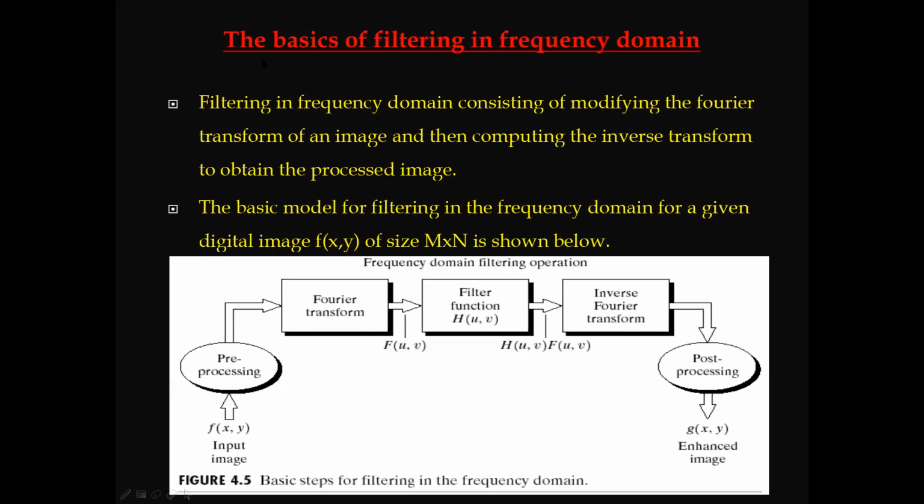We'll get F of u comma v, and F of u comma v is multiplied with the filter function H of u comma v. So the output of the filter function is H of u comma v into F of u comma v, and if you apply inverse Fourier transform on H of u comma v into F of u comma v, we will get the enhanced image after post processing, that is g of x comma y.